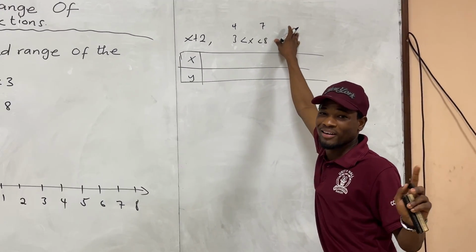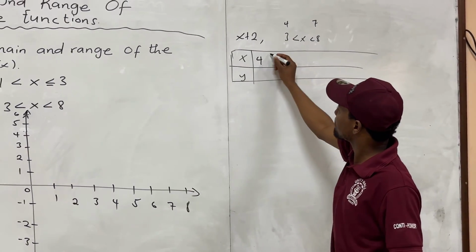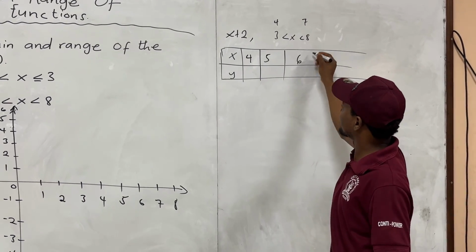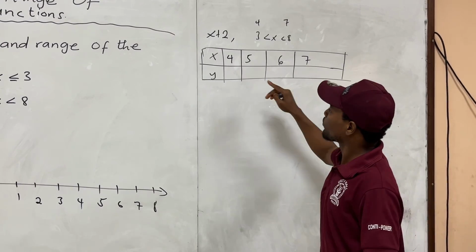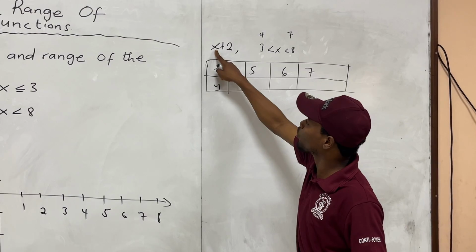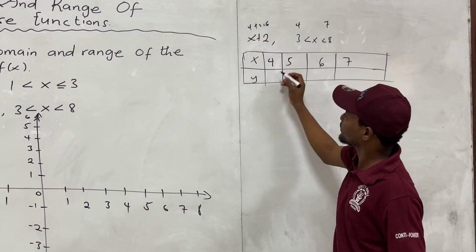As simple as that. So I have 4, 5, 6, then 7. When x is equal to 4, what will be y? Whenever I see x, it goes to 4. So 4 plus 2, we have 6. So I have 6 here.